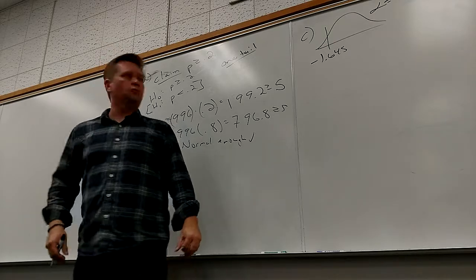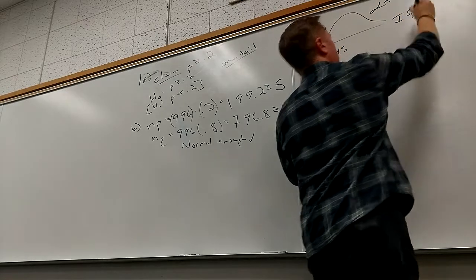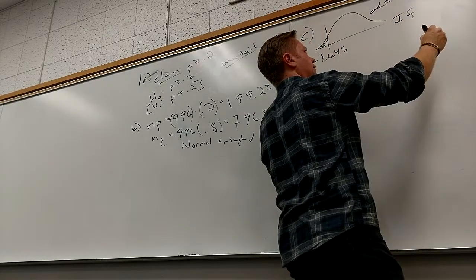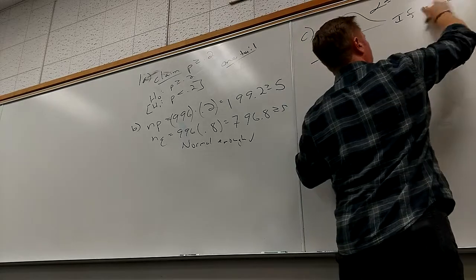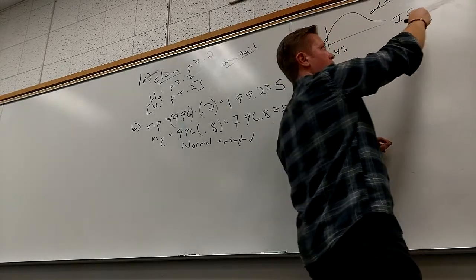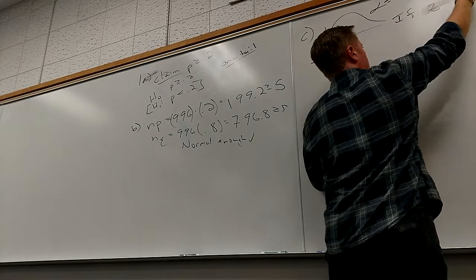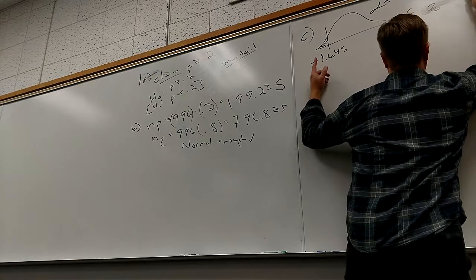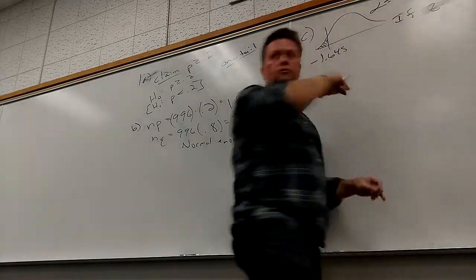So how do I say this in words then? If Z star is less than negative 1.645, what can we do?